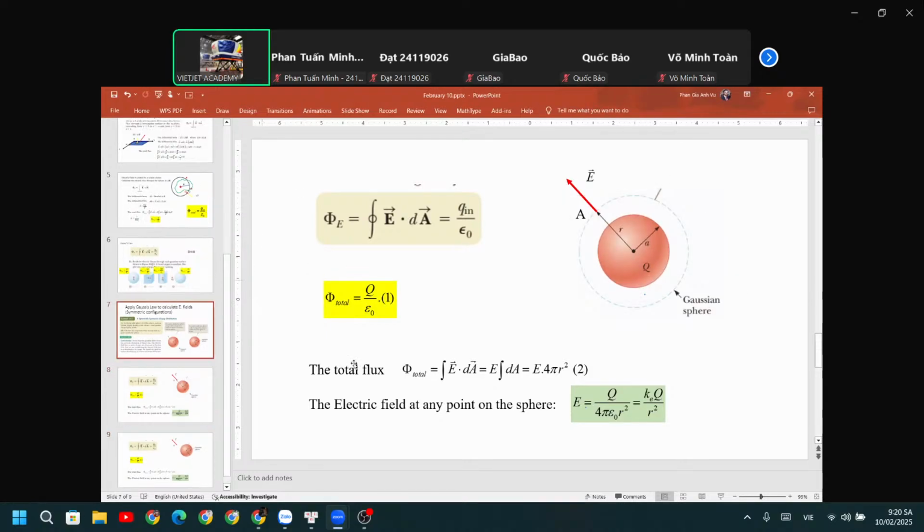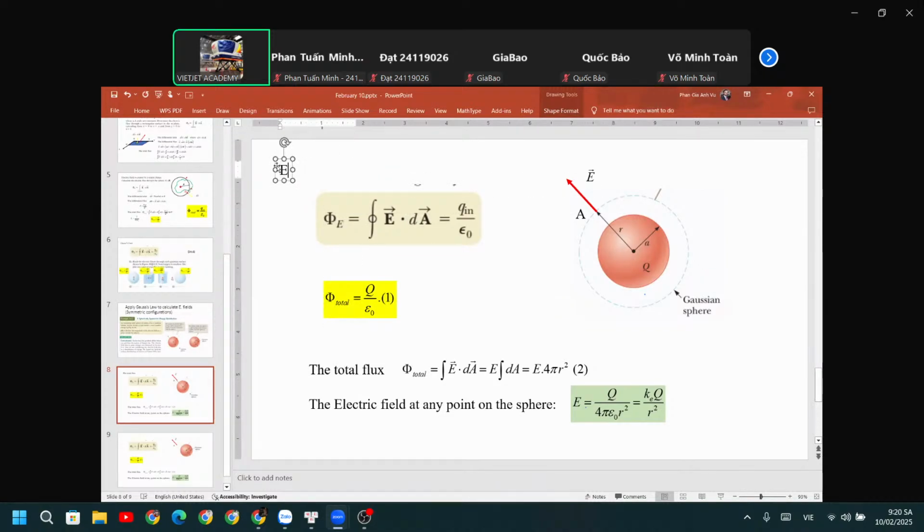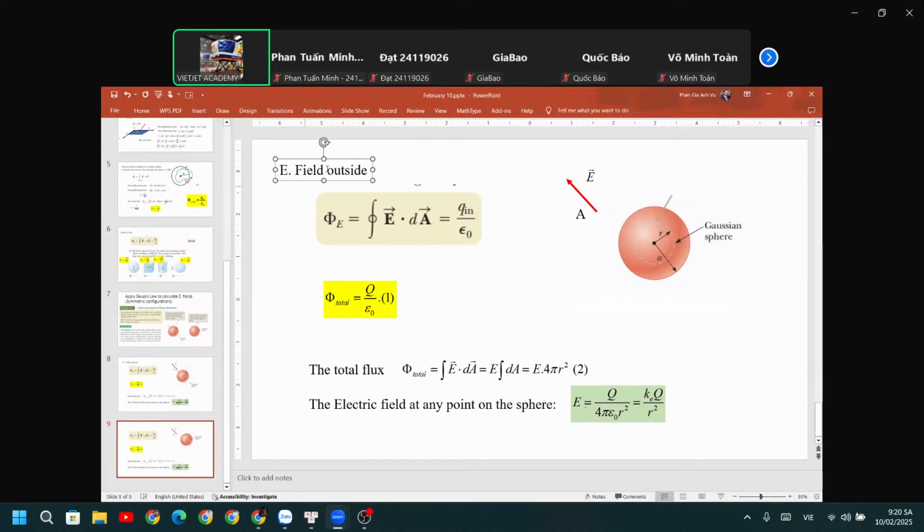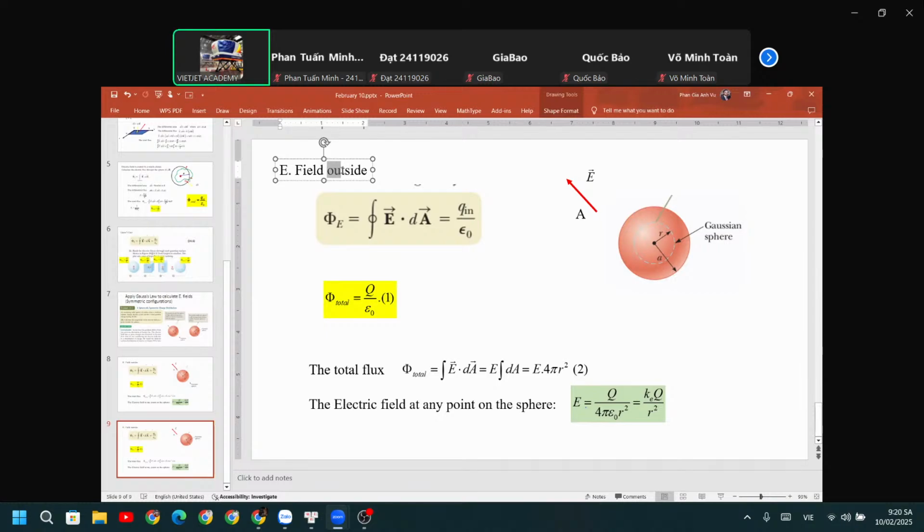So I have to add the case outside the sphere here. E field outside. Then now I would like to have the E field inside the sphere.